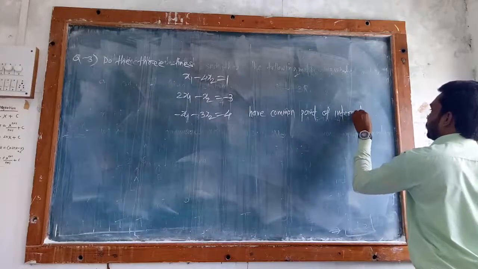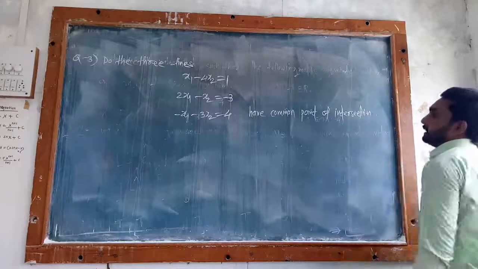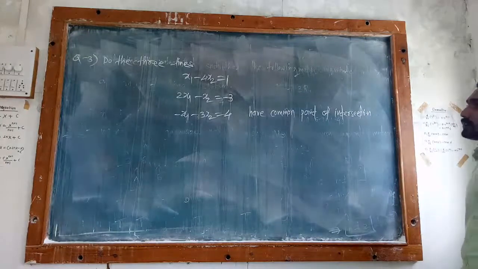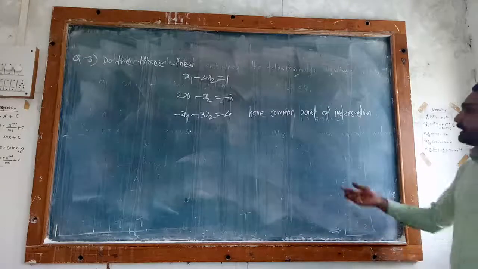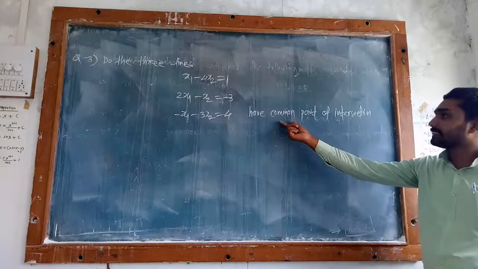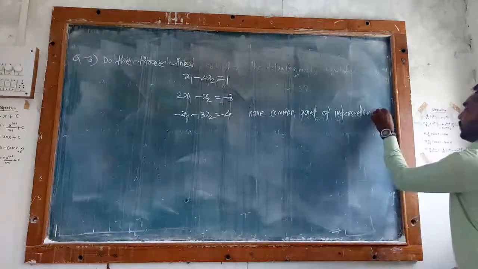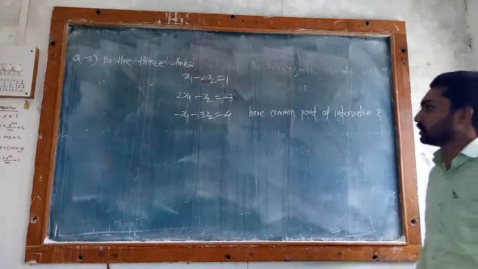We have 3 linear equations in two variables x1 and x2, and we have to check whether these three lines have a common point of intersection.